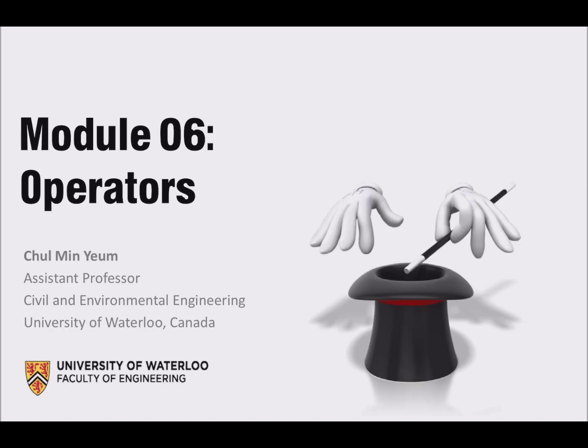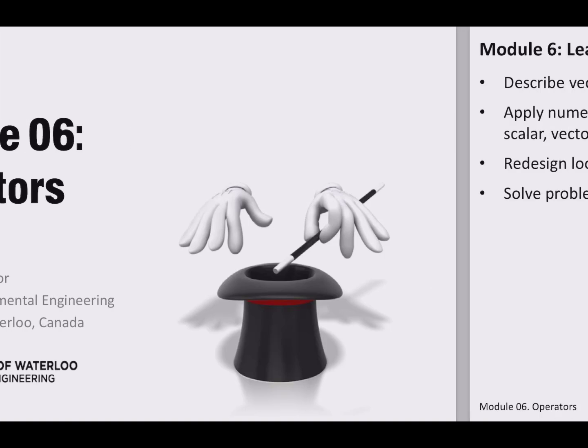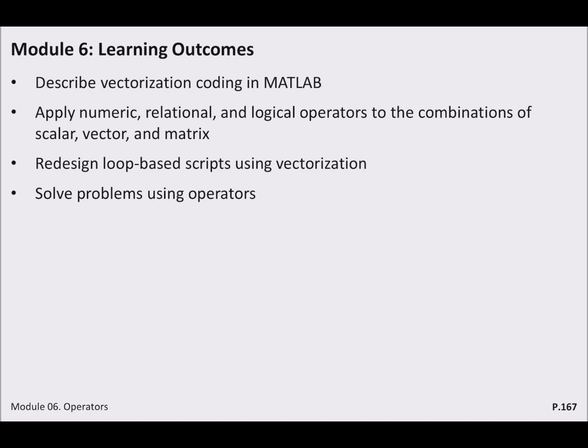When you use the operators in MATLAB, you can significantly shorten your code and reduce the number of loop statements. Those scripts are like a math goal, so that's why I put this figure here. Okay? So at the end of these lectures, you can describe what vectorizing code is.